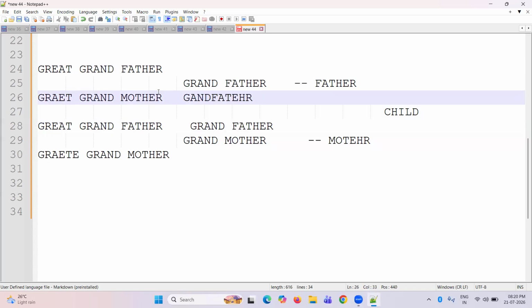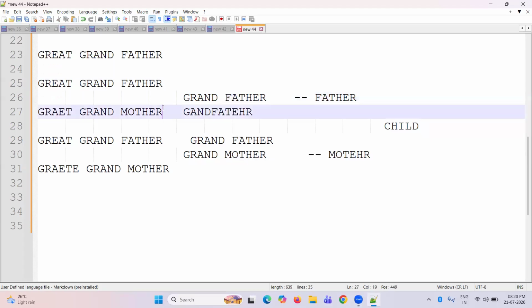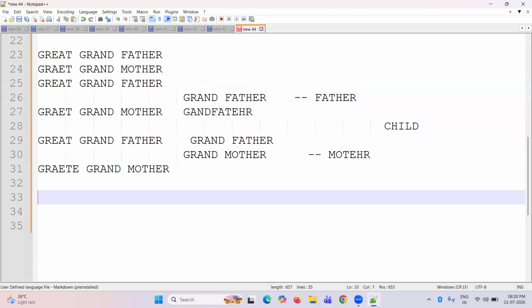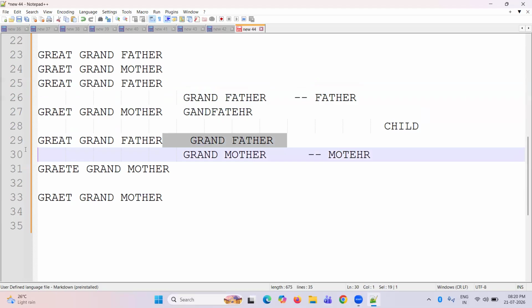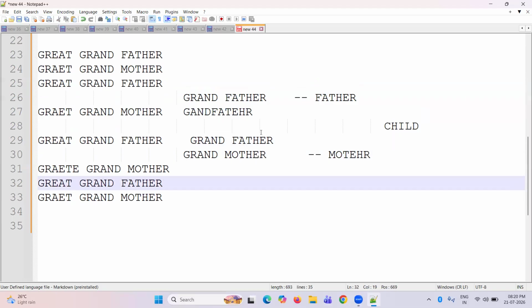Okay, so here they have again separate, right? Again, I will explain. Do not confuse. If you know about these concepts, you can understand easily.